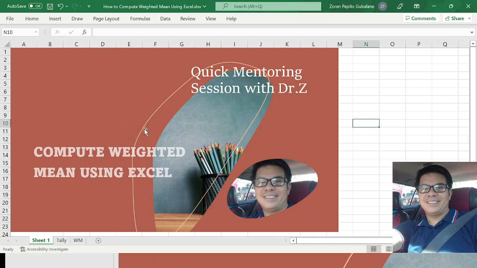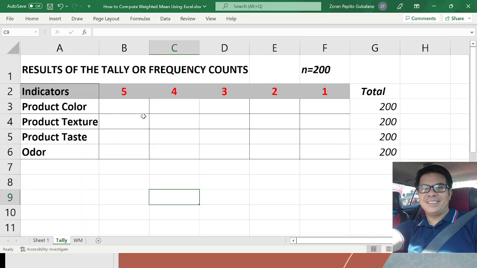Our topic is about how to compute weighted mean using Excel. Before that, we need to prepare our data first. Let us assume that our data are coming from different indicators of the study.